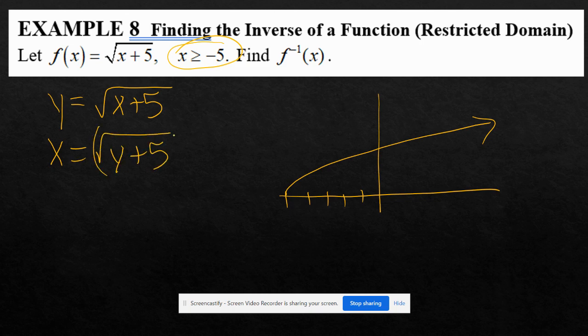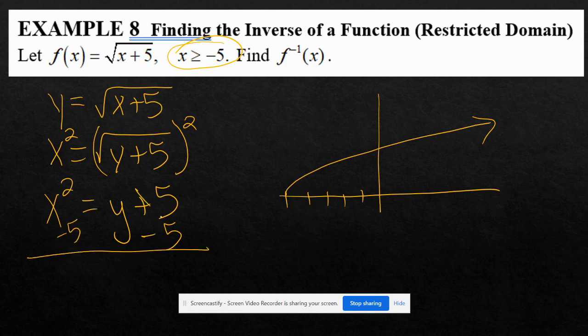Get rid of the square root. The opposite of a square root is a square or a second power. We have x squared is y plus 5. And then we're going to subtract 5 from both sides. And we have x squared minus 5 is our inverse function.